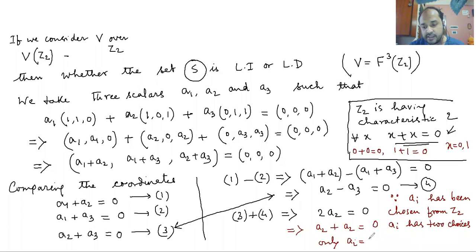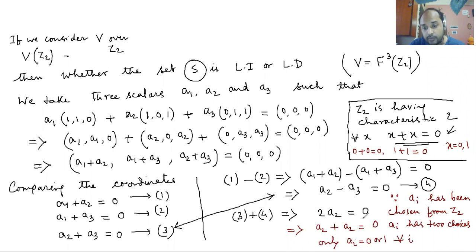A_i can be 0 or 1 for all i. Therefore, you cannot say that since 2 is a non-zero number, the other element must be equal to 0 so that the product is 0. That is not the case for Z2. For Z2, we can get the result 0 only when we add the element twice with itself. So A2 plus A2 is actually becoming 0.